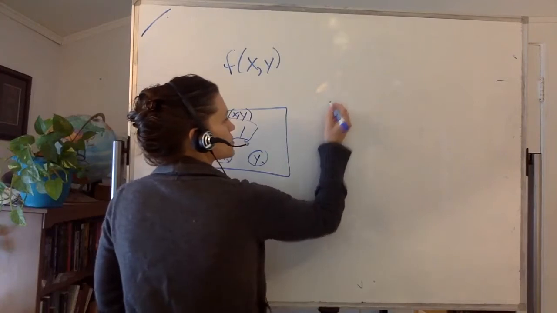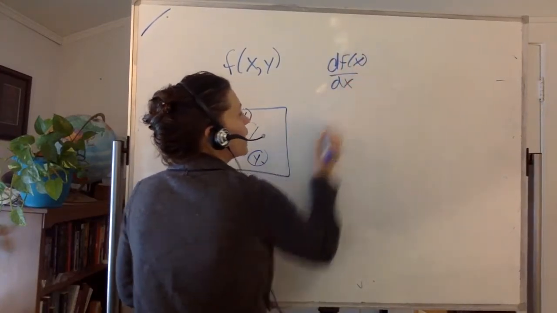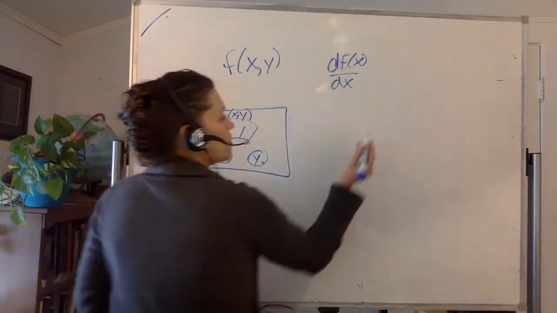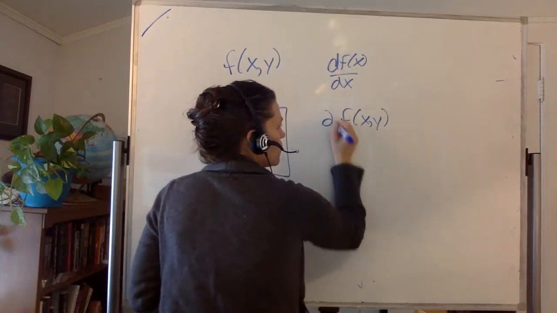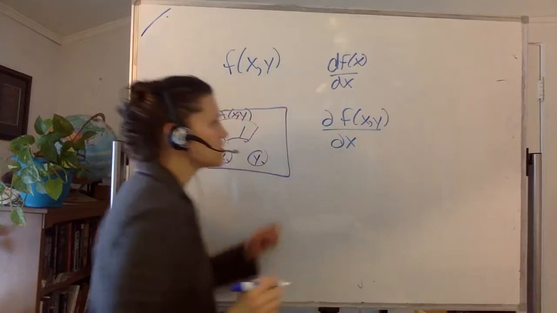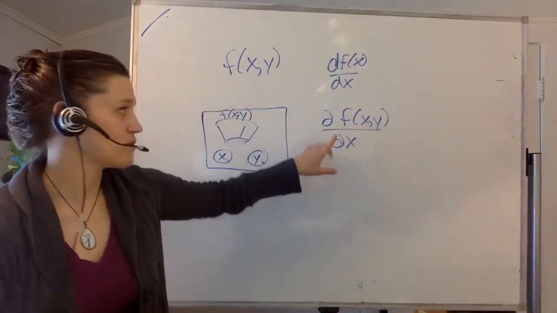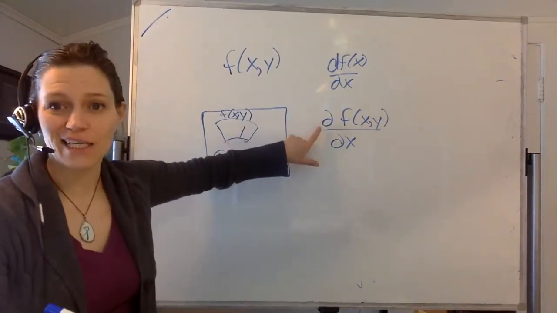And so we would represent df/dx as the exact differential of f of x. But if we have f of x, y, I just want to know how just x by itself changes, and this is what's known as the partial derivative, and it's represented by this little curly d, a d with a tail.